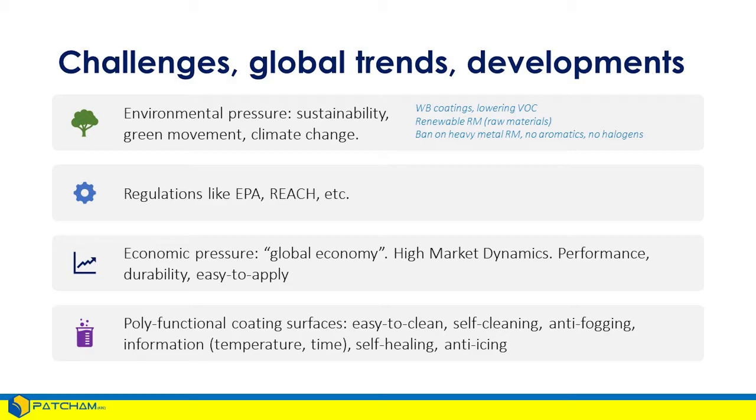And so the global shift has been to lower and lower the amount of organic solvent in the system to 100% solids, high solids, and then eventually to waterborne or water-based coatings, using as much as we can of renewable bio-based raw materials, and the removal of metals that impact our environment, the aromatics and halogenated solvents that are used in conventional type coatings.